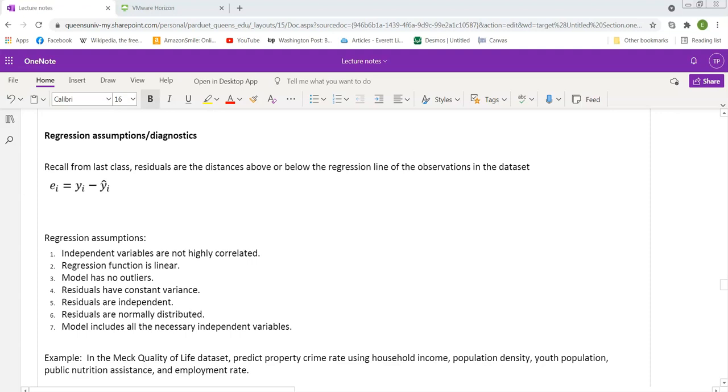And then for the variables that are in it, are they just regular linear, or are we going to square some of them or take the square root of some of them? That's the kind of thing that we're going to have to decide. And so there's a lot of information that goes into that. And we've already seen some of that when we looked at which variables are statistically significant.